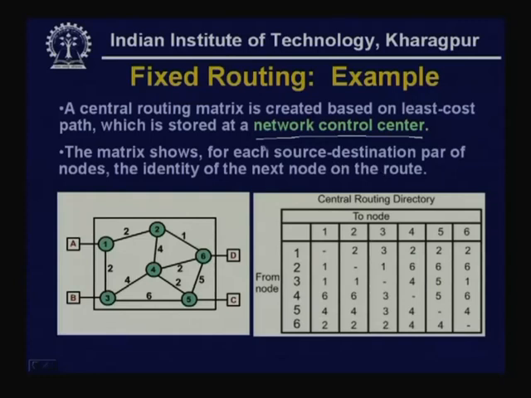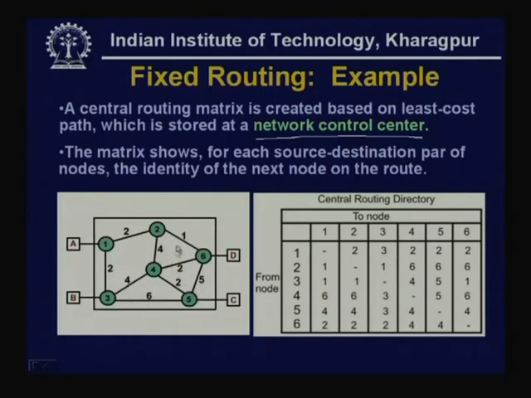Suppose from node 1 you have to send a packet to node 6, then to which node does it have to be forwarded? For example, from 1, if it is going to 6, then the next node to be forwarded to is 2, and the cost of each link is given here.